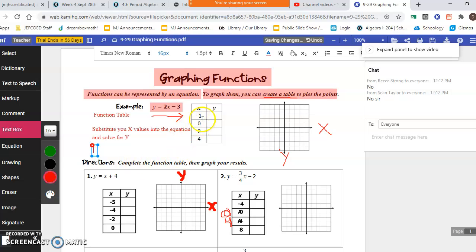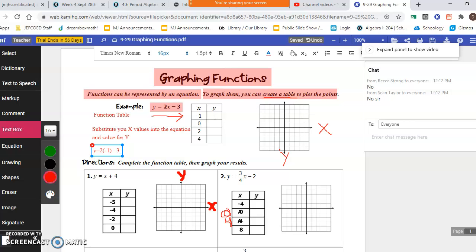So here's what an example would be, guys. You would start with -1 in your function table, and you would substitute that in for x. So that would be y equals 2, parentheses, times that -1, minus 3. Okay, and then from there, you would solve for what y would be, and then we would list that into the column on our function table under our range.